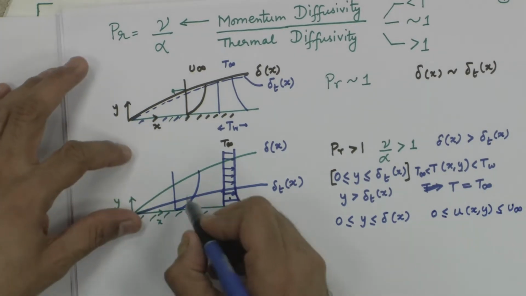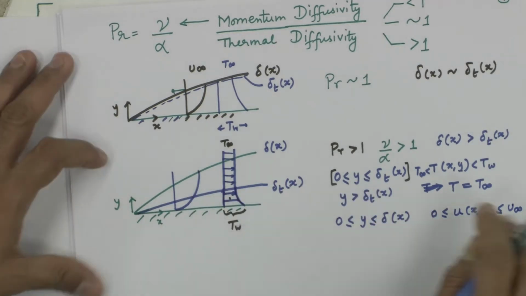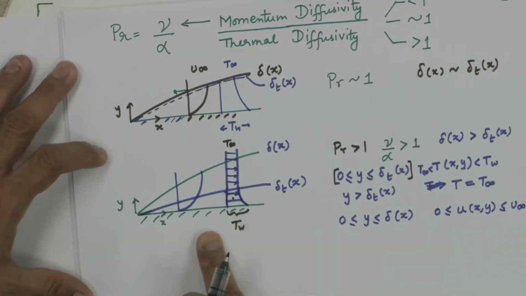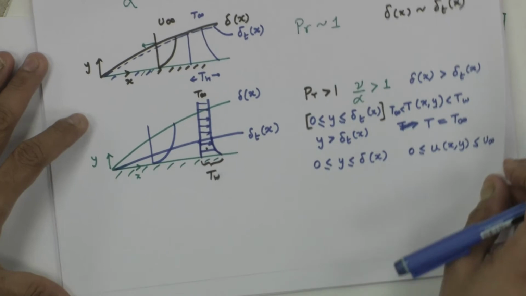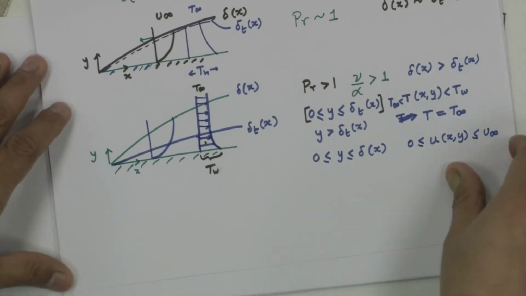Velocity change is happening over a greater distance, temperature change is happening over a smaller distance. Very, very important. Now, if I do the same concept for Prandtl number smaller than 1, I am taking a fresh sheet, not putting it there.